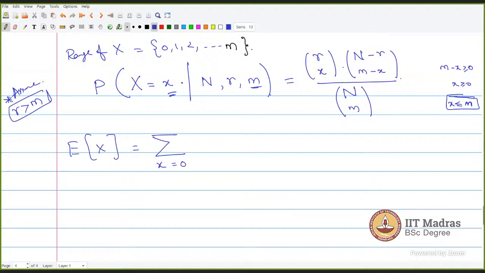So that is why, first and foremost, when you compute expectations, you need the distribution and the range of X, you need the PMF of X. Once you get all those things, then you can compute the expected value. So now here X starts from 0 and goes till M.